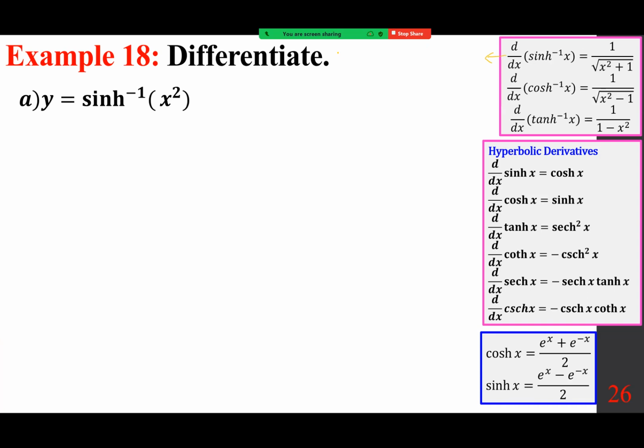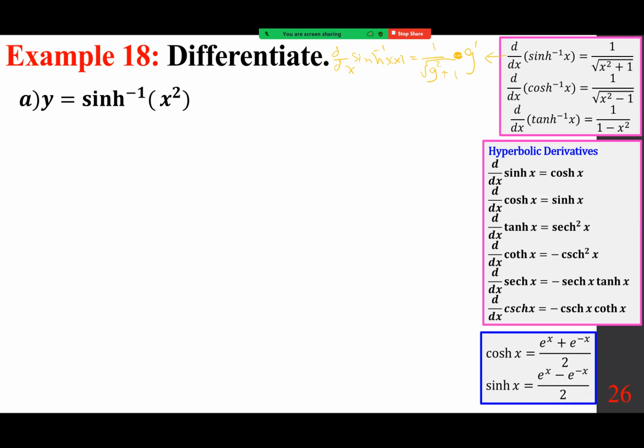If I have sinh inverse of, let's say, g of x, then I need 1 over the square root of g squared plus 1, and then this is the chain rule class times g prime.